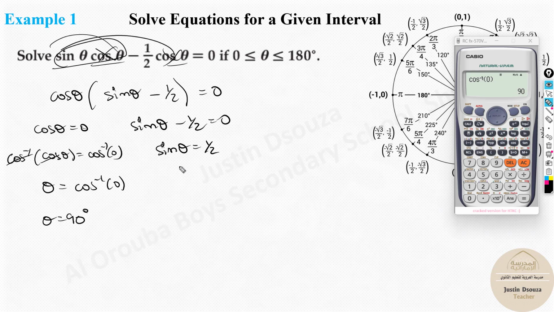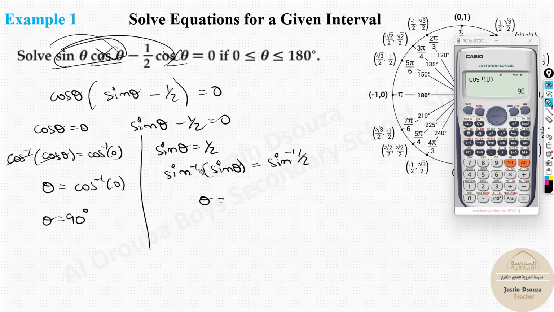Now what about this side? Now I will tell you why we need the unit circle. You might be thinking, okay, we can just use the calculator. Why do we need it? But in a minute, I'll let you know. Sine inverse of sine theta. Both sides we are taking sine inverse, and sine inverse of half. Only for this problem I'm writing sine inverse on both sides. Otherwise, it's understood.